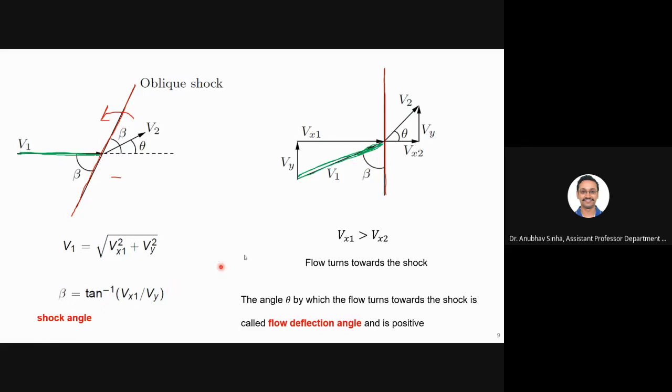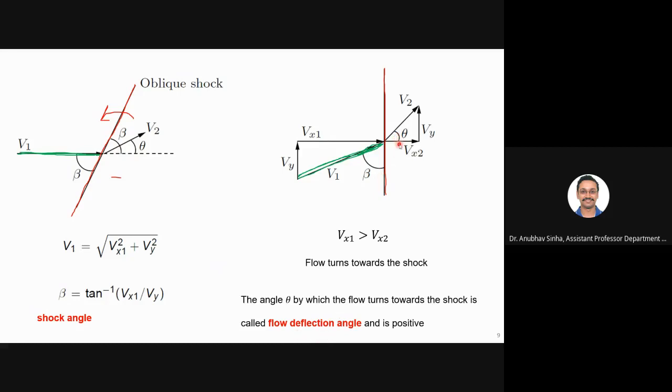This is the angle between the shock and the resultant velocity vector of the incoming flow. And this flow is turning, right? Flow is turning by this angle theta. This is more clear actually. So flow is coming and turning by an angle theta. That theta is called the flow deflection angle.